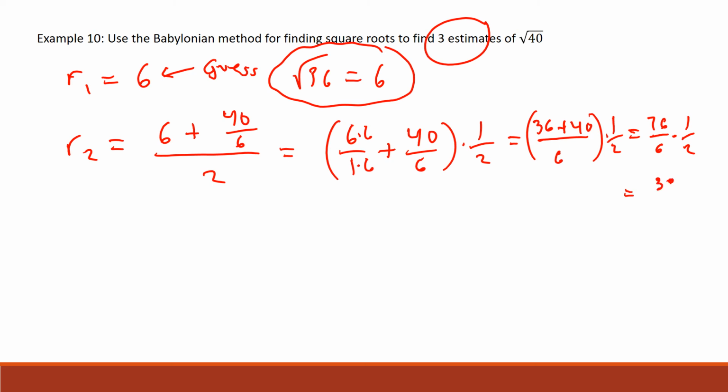That'll be 38 divided by 6, or 19 over 3. Just FYI, what's 19 over 3? In case you're curious, 19 over 3 is 6 point something. .3.